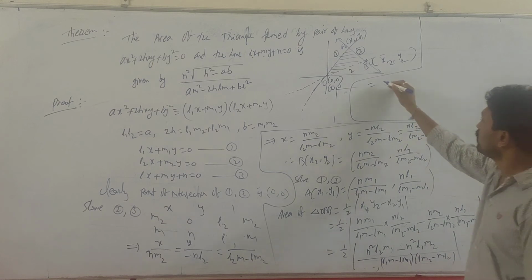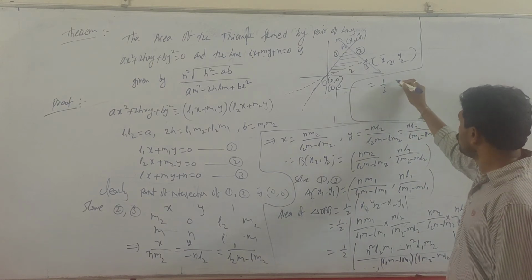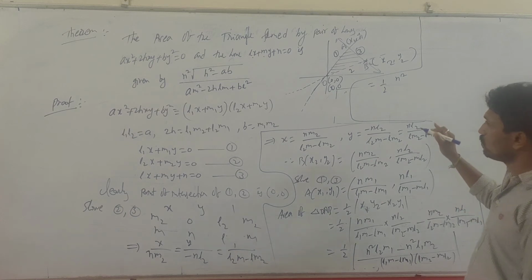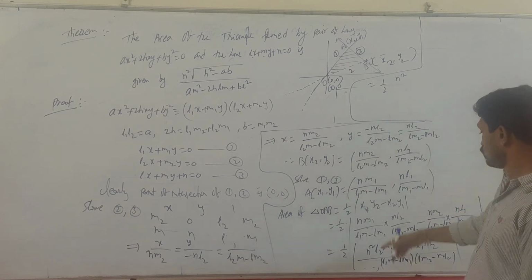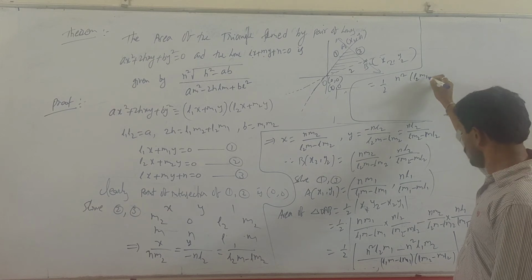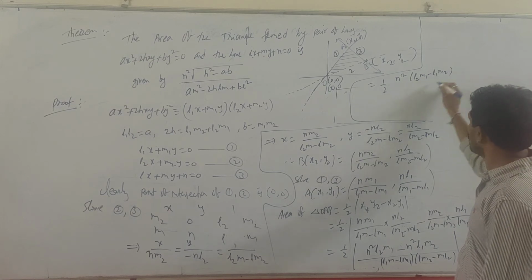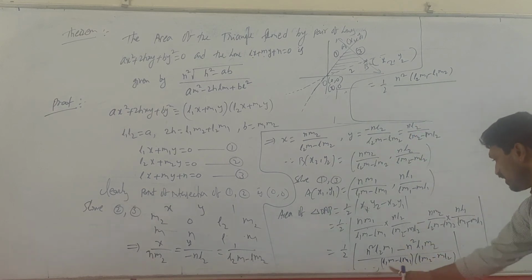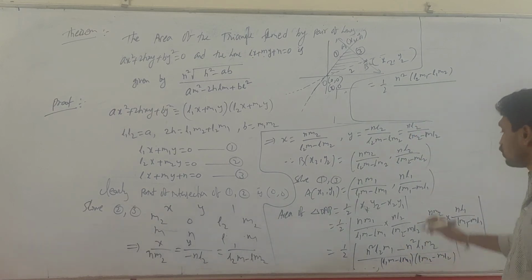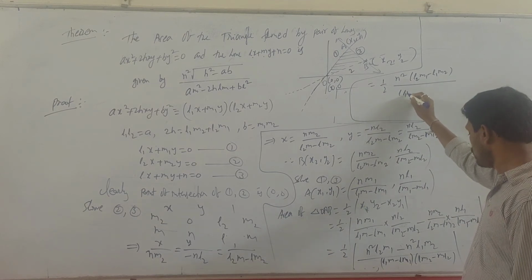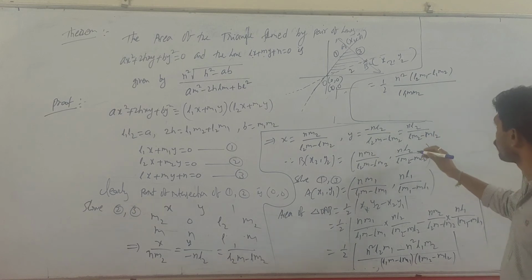Take n square common, half into n square into L2 m1 minus L1 m2, by this multiply L1 L m1 m2.